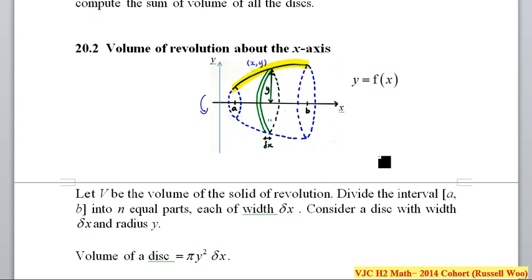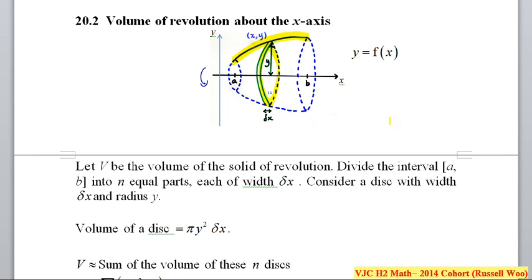So, let's consider a single disc here. Do we all agree that for the volume of a single disc, this width is delta x, and the radius now is actually y.